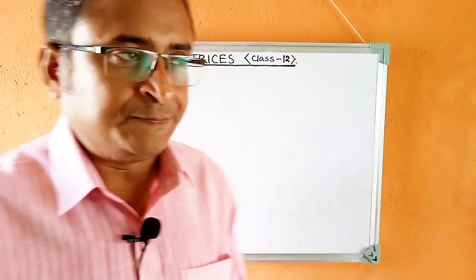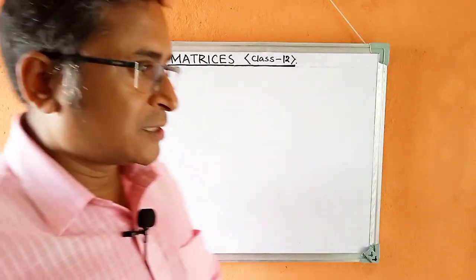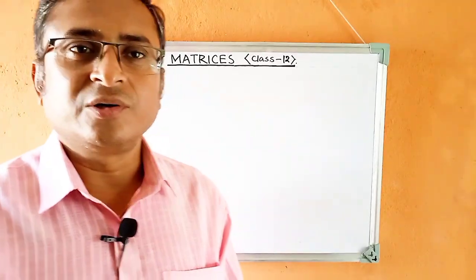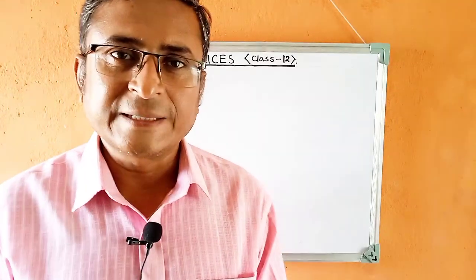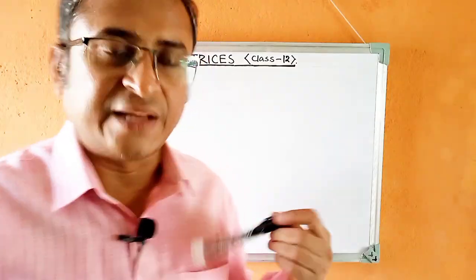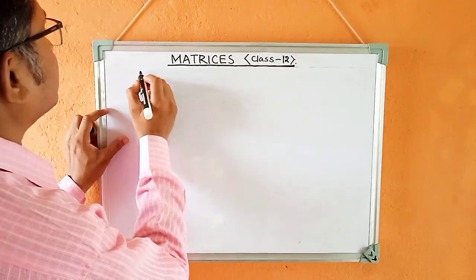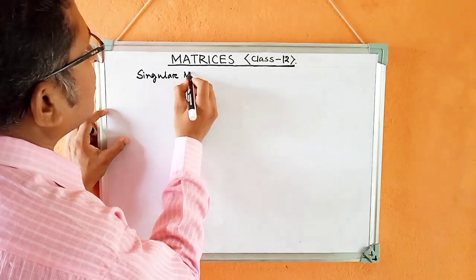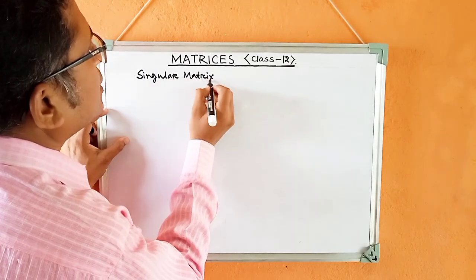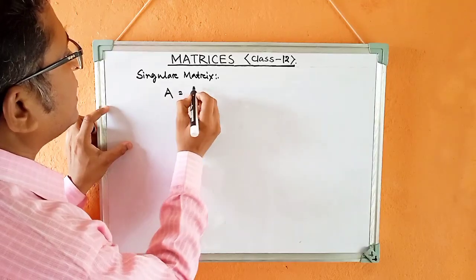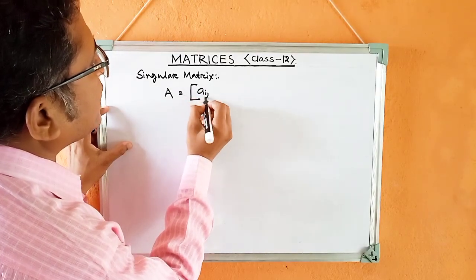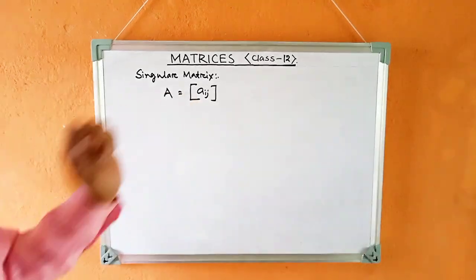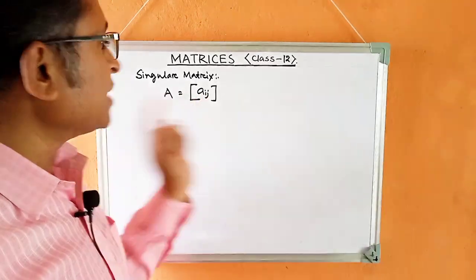Okay, now start. Matrix. Today we will start with the singular matrix. So what is a singular matrix? Suppose a square matrix A equal to Aij, where A is the element, i is the row number, and j is the column number.